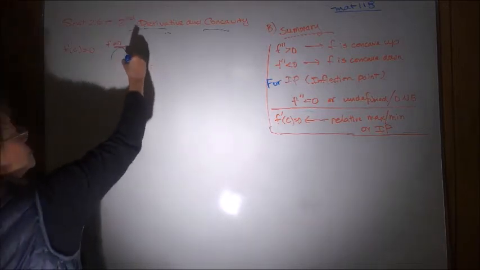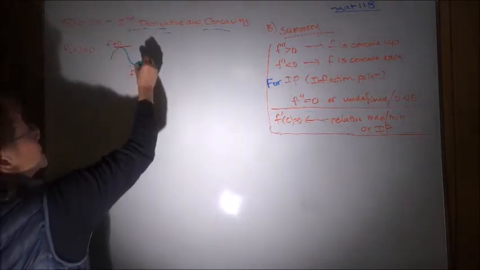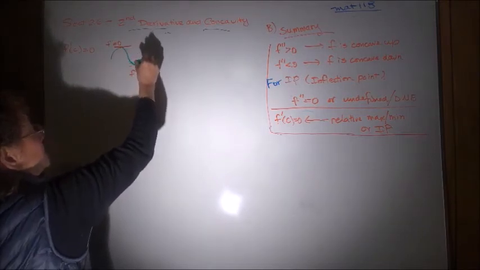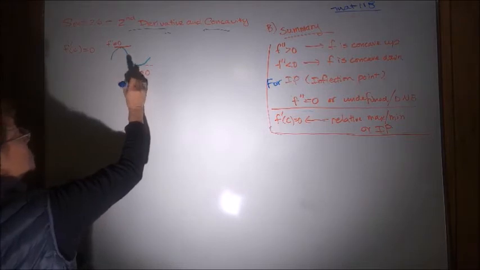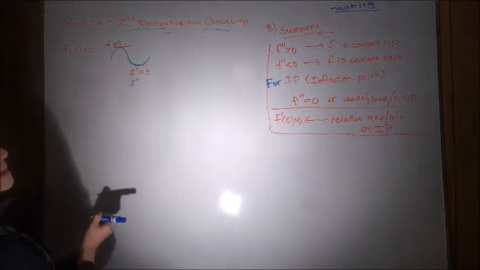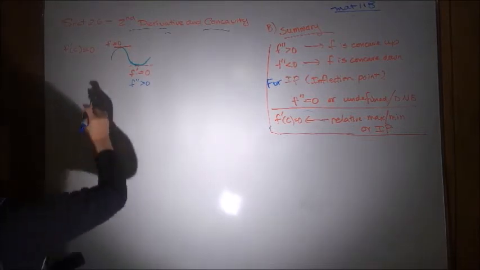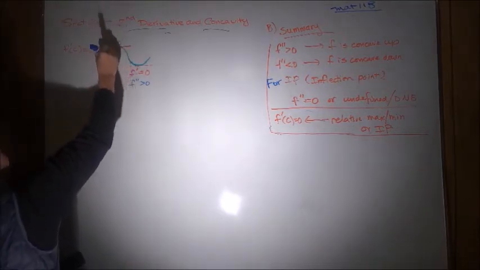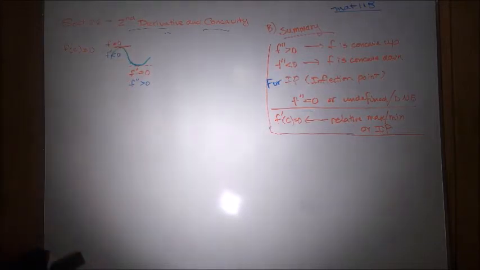Like this one is concave up here. So at this point, f prime prime will be bigger than 0. Then at this point, f prime prime will be less than 0.